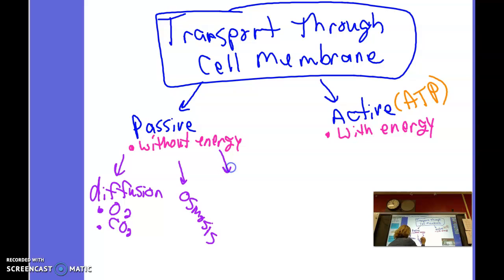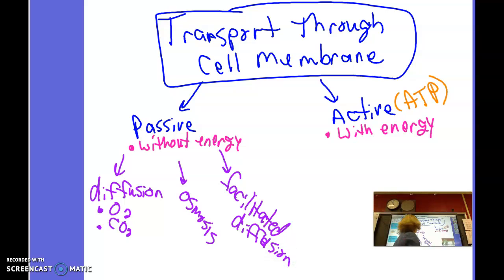And then the other one, too, is facilitated diffusion. So it's still diffusion, but needs a little bit of help with the carrier protein that's going to facilitate that movement through the cell membrane.